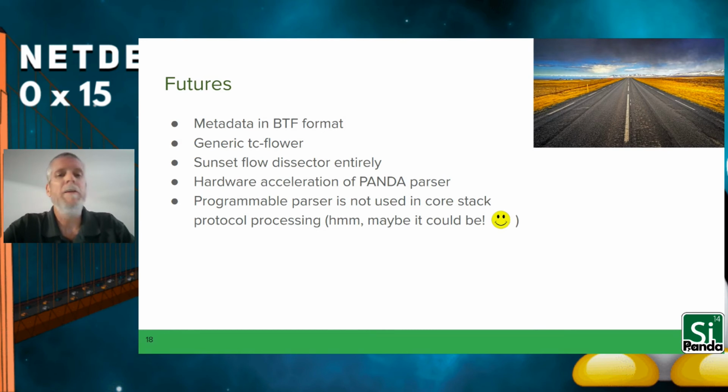Finally, I have one more meta future or vision, kind of rhetorical thing. Programmable parsers like flow dissector, things we get out of XDP hints, any sort of parsers like that, the output and the processing are really not used in core stack protocol processing.